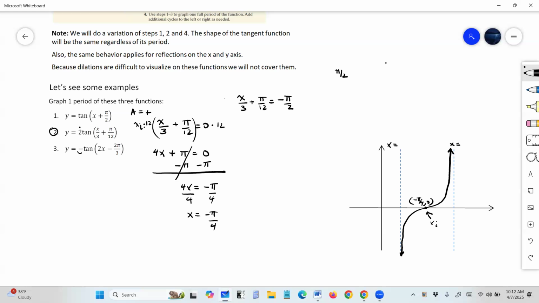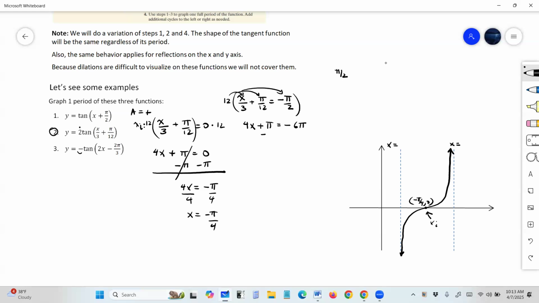So again, I'm going to multiply everything by 12. And this is going to multiply here, here, and there. Right, so 12x over 3 again is my 4x. 12 pi over 12 is just pi, and 12 times negative pi over 2 is negative 6 pi.